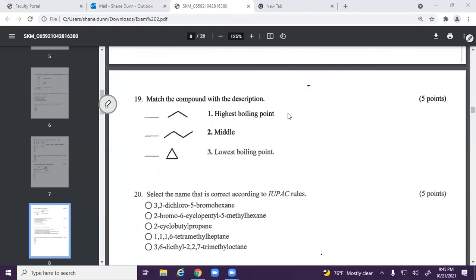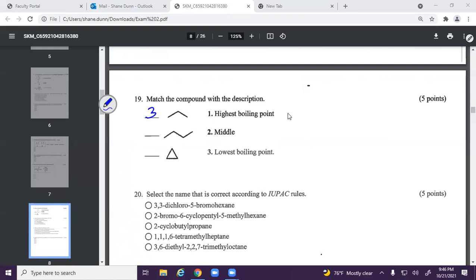So it's always going to go propane, cyclopropane, butane, cyclobutane, pentane, cyclopentane, hexane, cyclohexane, and so on and so forth, where cyclo always has higher boiling points than its counterpart. Does it make sense? Yes. Okay. So which one has the lowest boiling point? Which one's the smallest?